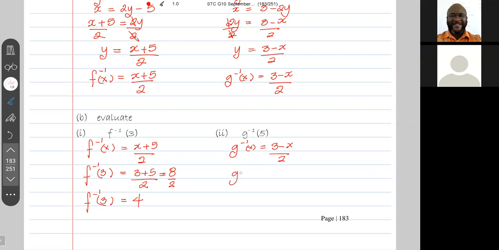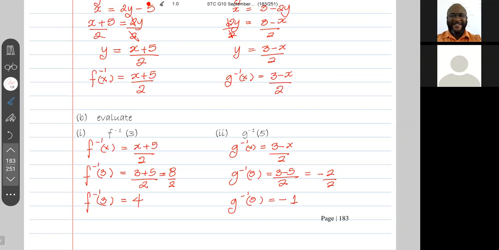So for g inverse of 5, wherever I see x, I'm going to put 5. So this is (3 minus 5) over 2. 3 minus 5 is minus 2, over 2. So g inverse of 5 is equal to minus 1.